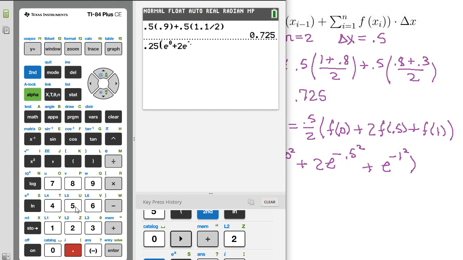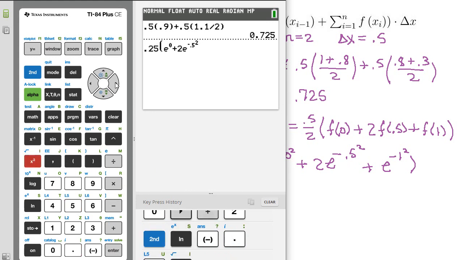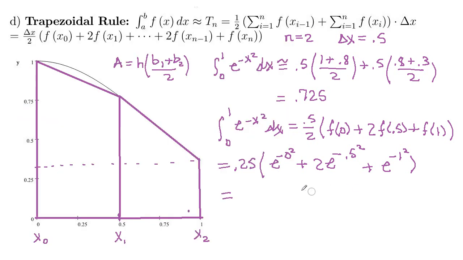And then plus e to the negative of 1 squared. That gives 0.73137, so 0.7314 to 4 decimal places. And we're not too far off from our graphical estimate. So that's graphical and numerical estimates for the trapezoid rule.